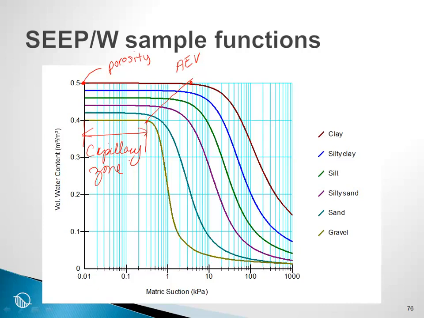Clearly for a gravel, the capillary zone is probably very shallow, not very high, and as a result the air entry value is quite low. For a clay silt, the capillary zone may in fact be a meter or 2 or even 3 meters, and as a result the air entry value can be much higher.